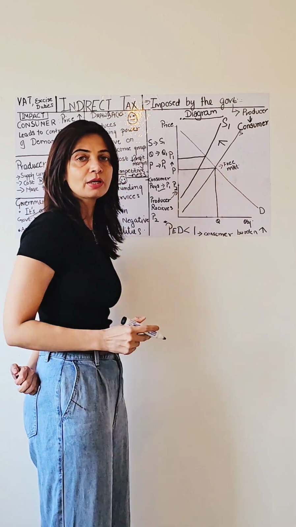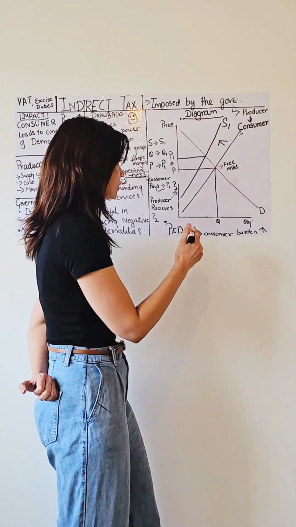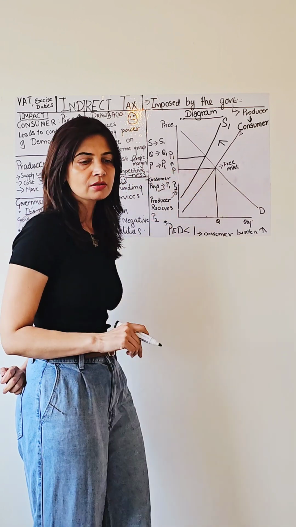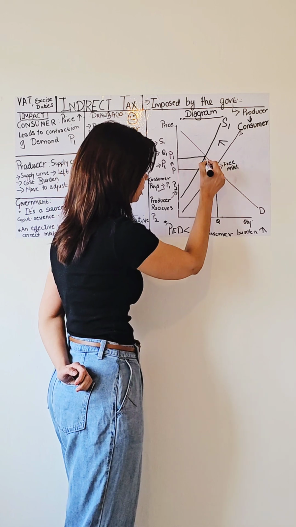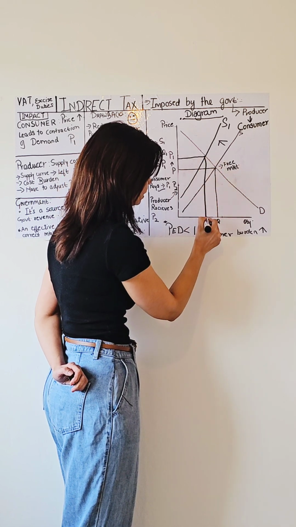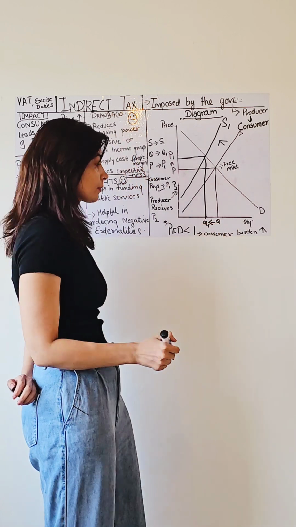That is also going to impact the quantity that will be traded, that will be demanded in the market. Increase in price is not good news for the consumer. So here we are assuming that it is really going to lead to a contraction of demand from Q to Q1.